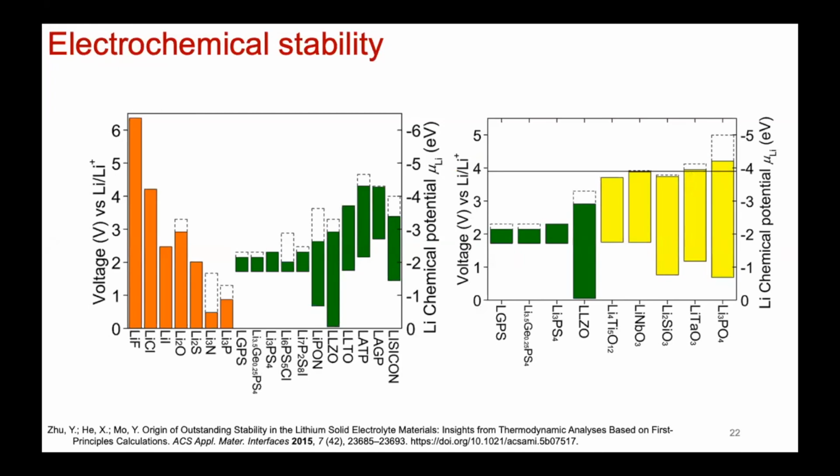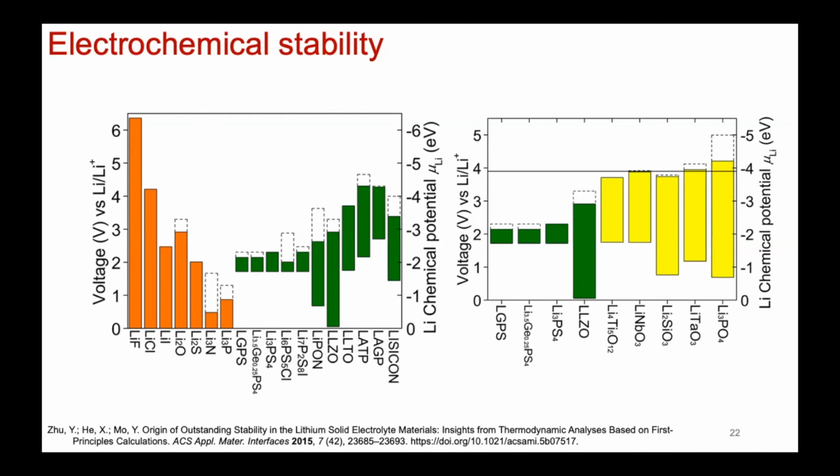The one thing I want to end on is electrochemical stability. We talked about how the voltage window does matter. So you can see here, here's LGPS, high ion conductivity. But if you look at the electrochemical window, it's stable around 2 volts.